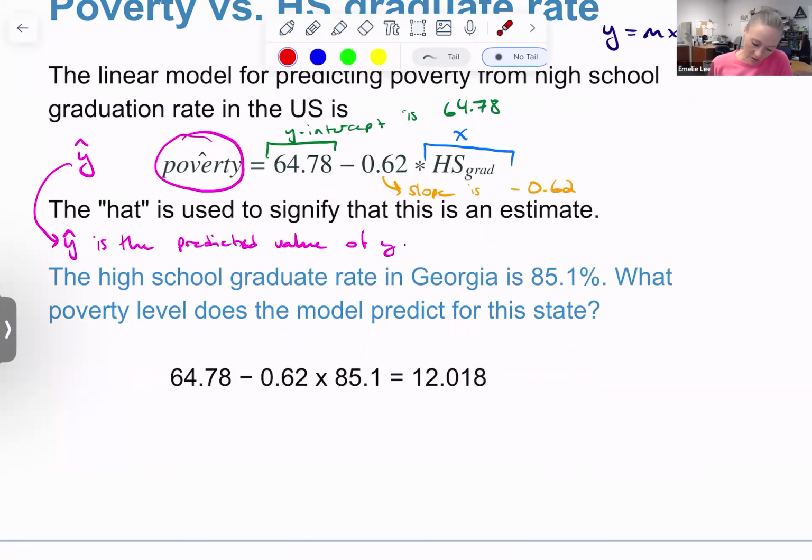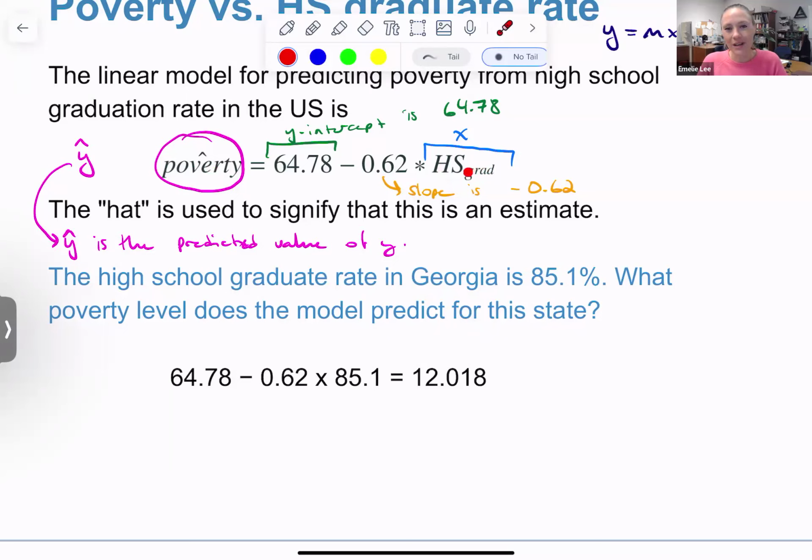So if we're told that the high school graduate rate in Georgia is 85.1%, what poverty level does the model predict for this state? This equation here is the model, and we can plug in some value of x, so some percentage of high school grads.